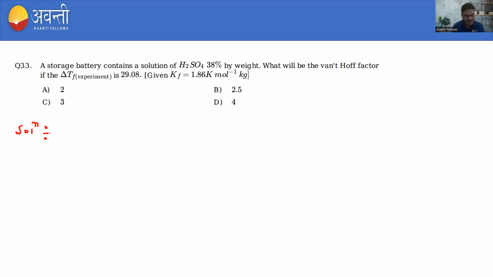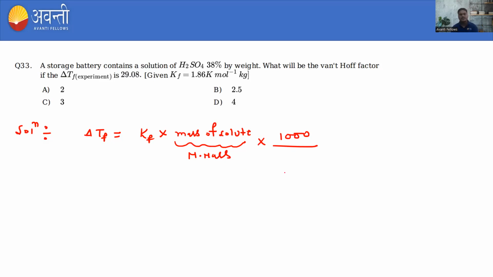So let me calculate the value of this. We know the formula: delta Tf is equal to Kf into molality, that is, mass of solute divided by molar mass, into 1000, divided by mass of solvent.